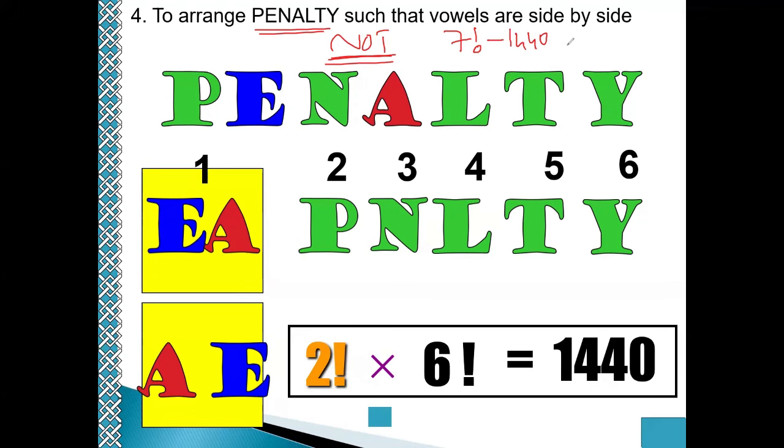So this is the total number of ways I can arrange PENALTY, and the vowels together is 1440. The balance is your answer. If the question is 'not', take the total number of ways you can arrange minus they are together. That gives you not together. This is called the complementary method.